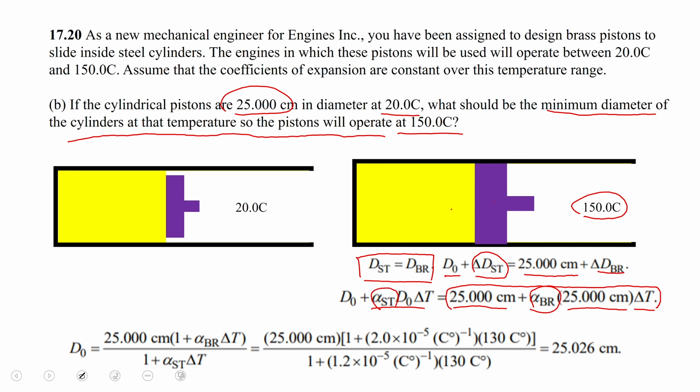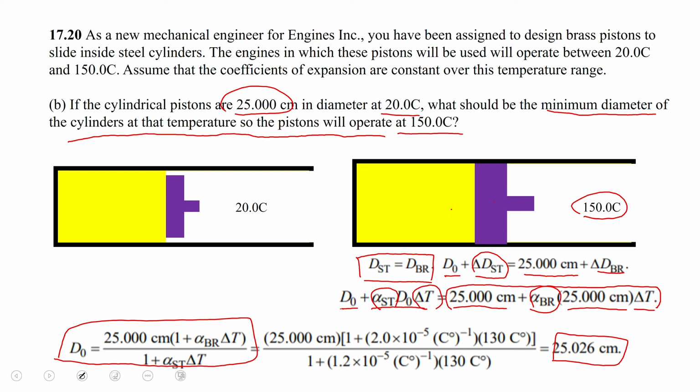We know the change of the temperature. So in this formula, we only have one unknown parameter. That's the initial diameter of the chamber. So we can solve this equation. So this is the final expression for the initial diameter. And according to the calculation, we get the initial diameter for the chamber is 25 centimeters.